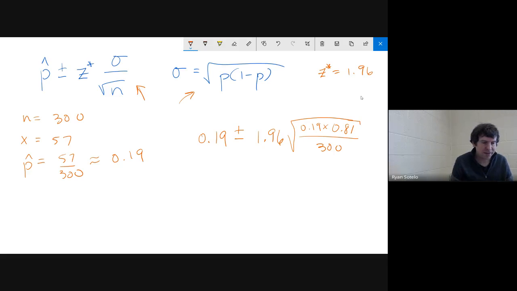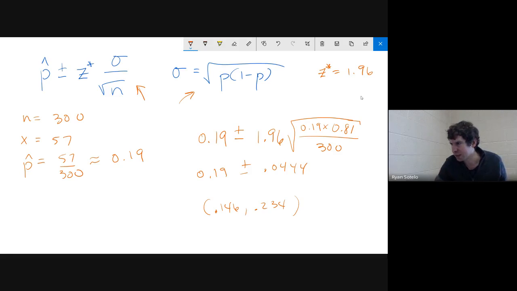If you do that, my margin of error was about 0.0444. And when I added and subtracted, my interval was 0.146 to 0.234. I went to 3 decimal places. Well, I went to 4, but then I rounded.